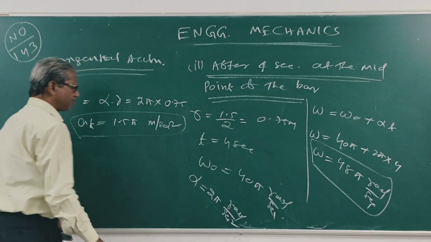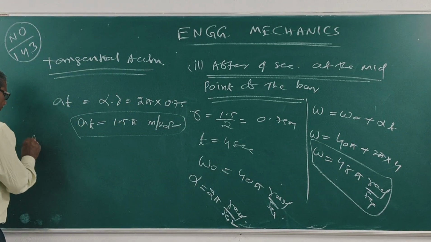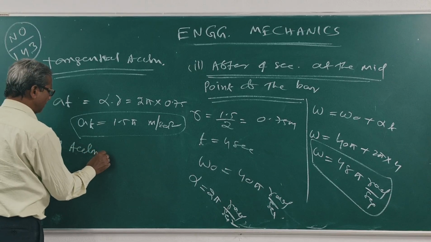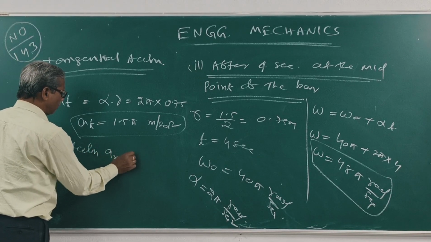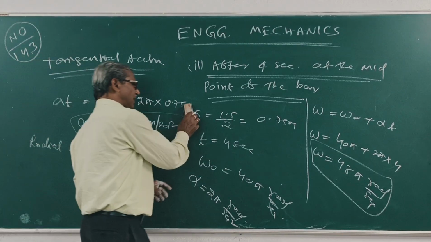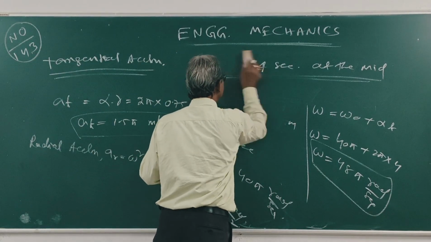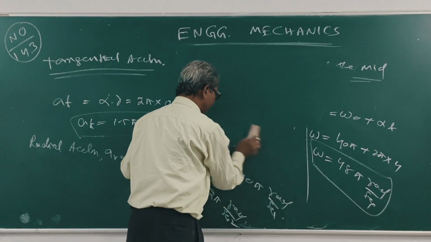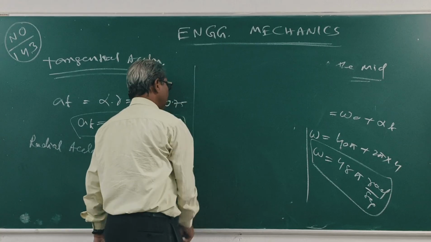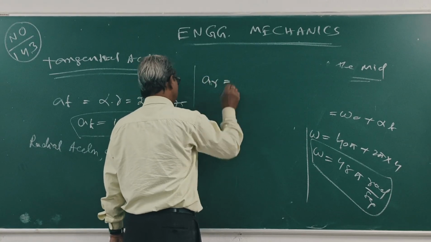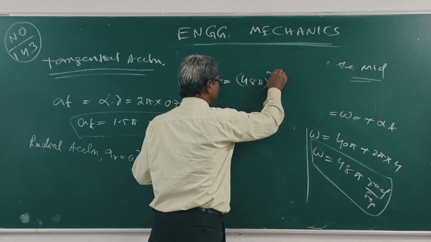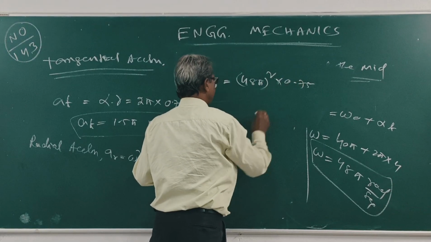Radial acceleration, or normal acceleration, ar is equal to omega square r. So ar is equal to omega square, 48 pi square, into r, 0.75.